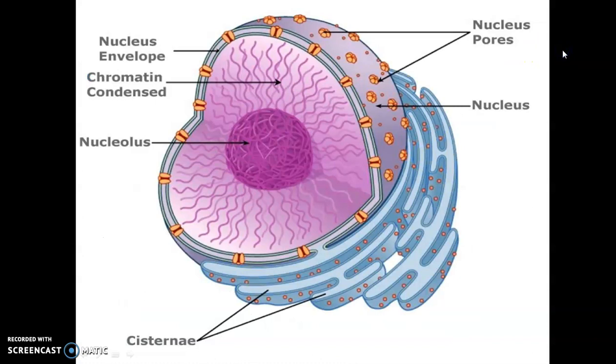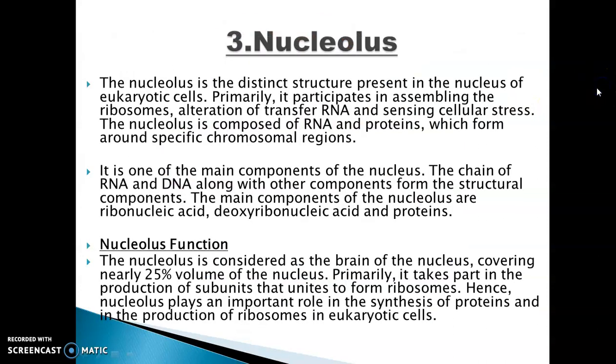So we have the diagram of the nucleoplasm. In the nucleoplasm, we have the nuclear envelope, condensed chromatin, nucleolus, cisternae, nuclear pores, and nucleus.